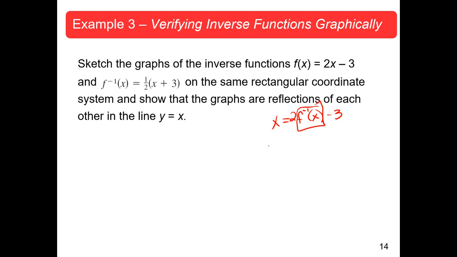So I'm going to add 3 to both sides, so I'll have x plus 3. And I'm going to divide everything by 2. So that'll be 1/2 (x plus 3) equals f inverse of x. So that's the inverse. So that's how they found that.